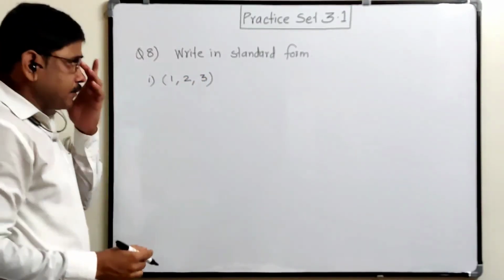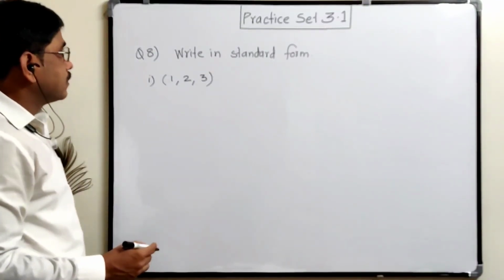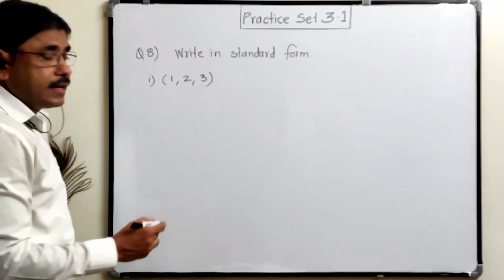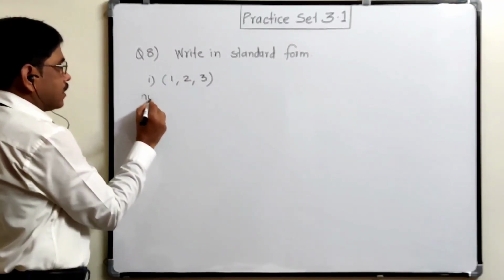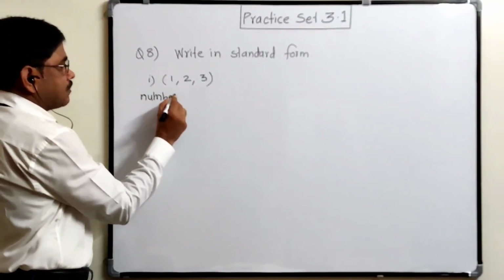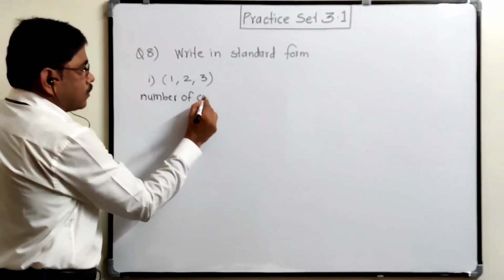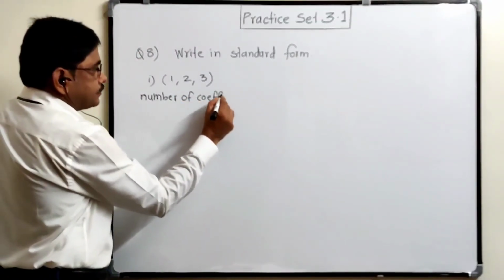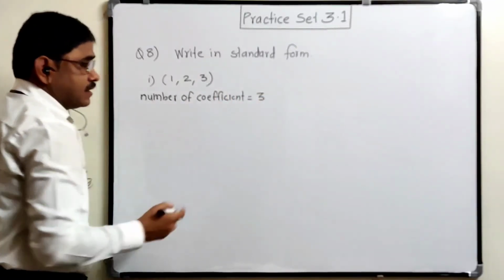So how to write this in index form first? First find the degree of that polynomial. Here first we have to count the number of coefficients: 1, 2, 3, so 3 is the number of coefficients.